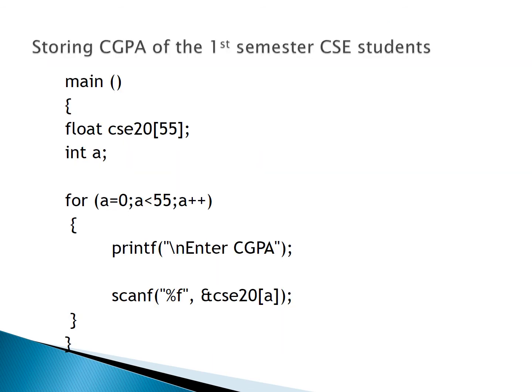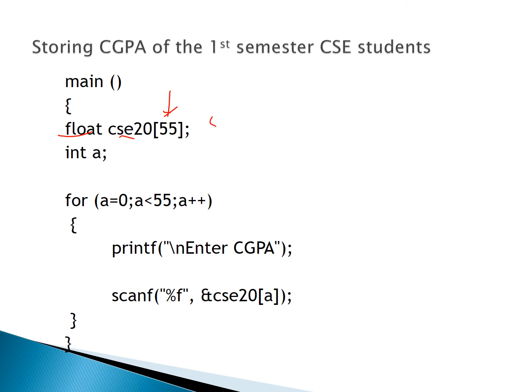Now let's suppose we want to store the CGPA of 55 students of our class. So we need 55 float variables. We can declare 55, but it's very difficult to declare 55 float variables. So we will try to use an array. So this is the type of the array, name of the array, and number of the elements.